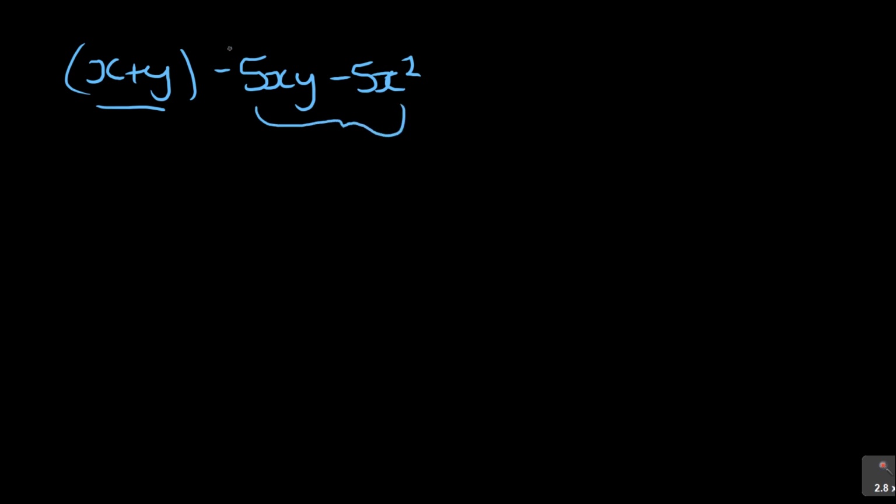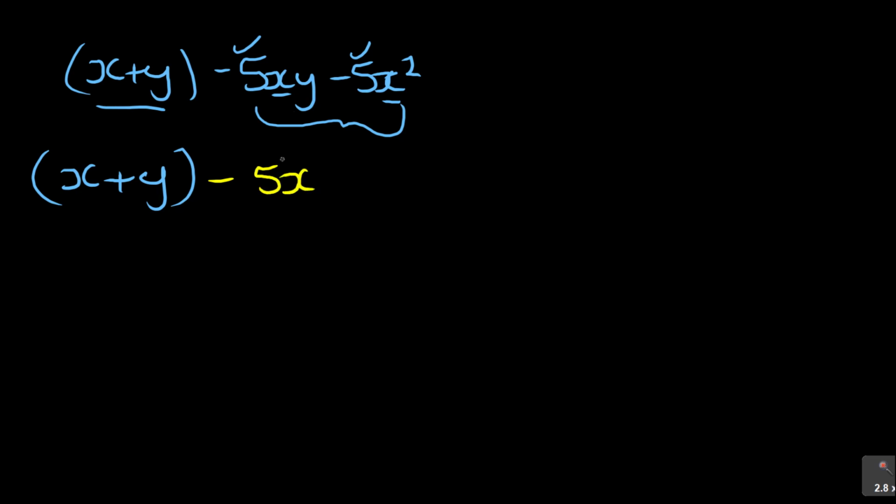What's common? Look, minus 5, minus 5. There is x and x squared, so I can take out that. So it is x plus y. Then I can see that minus 5 is common, and x.